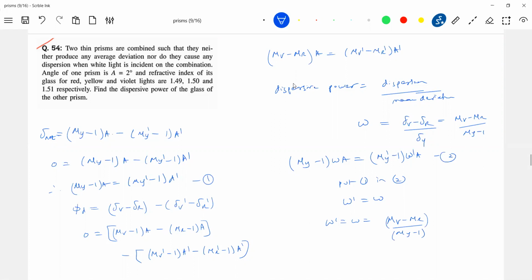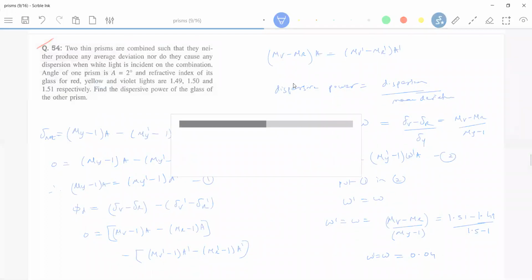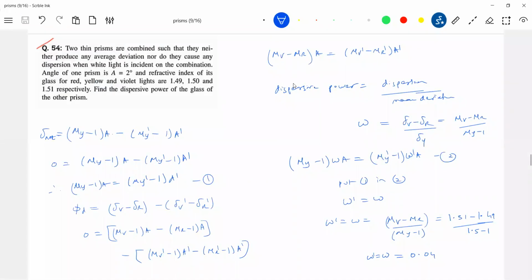Substitute all these values and you'll get the dispersive power: (1.51 minus 1.49) by (1.5 minus 1) is 0.04. Just a simple formula-based one. Showing that both the dispersive powers are equal is very important.